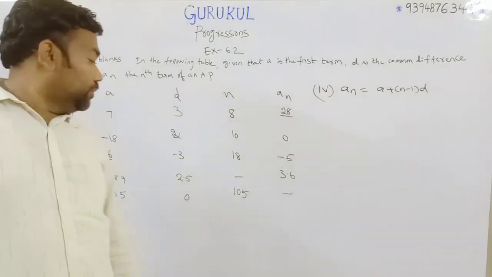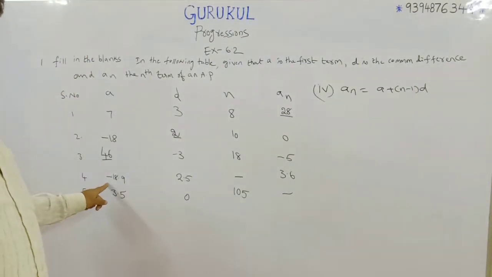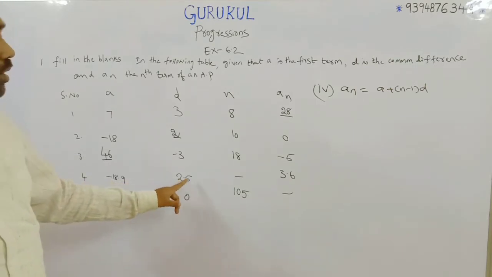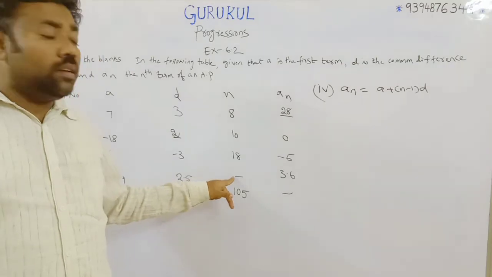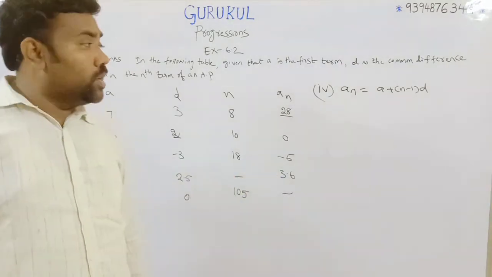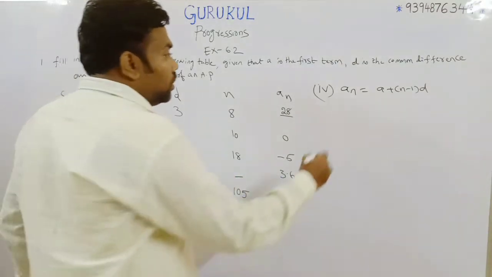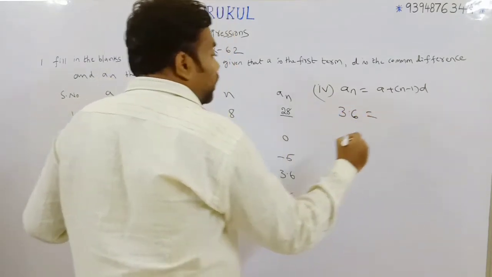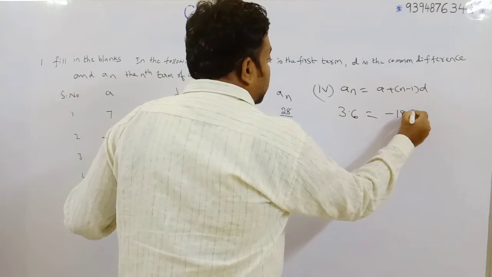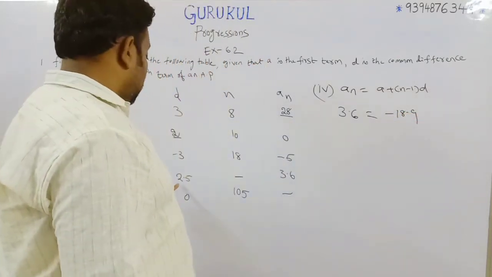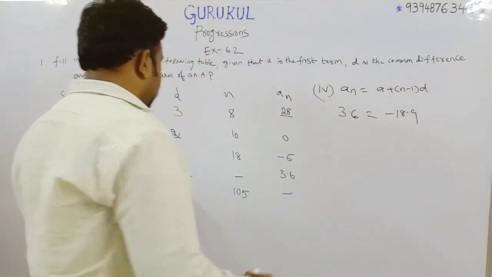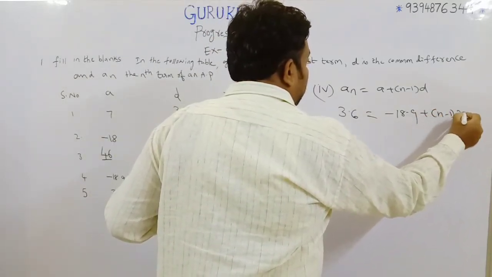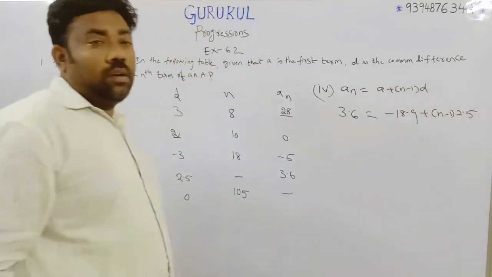Now fourth one. Here a equal to minus 18.9, d equal to 2.5. You find the value of n, and an equal to 3.6. So an equal to 3.6 equal to a value minus 18.9 plus n minus 1 into d value 2.5.